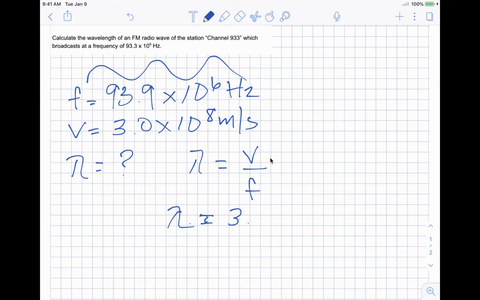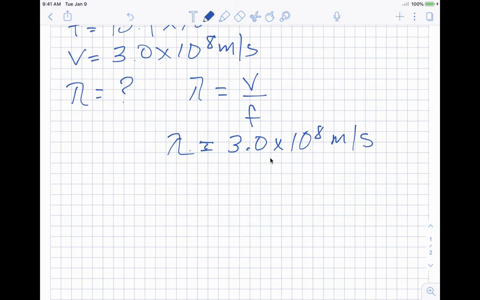So 3.0 times 10 to the 8 meters per second over my frequency, which is 93.3 times 10 to the 6, sorry, not meters per second, hertz, which if we remember, for our hertz we can use the per second as a little shortcut to help us with our unit canceling at the end.